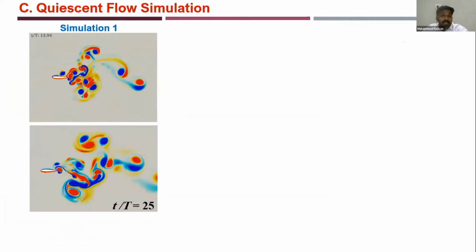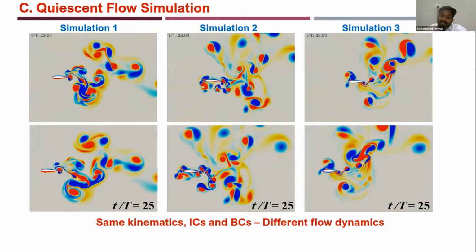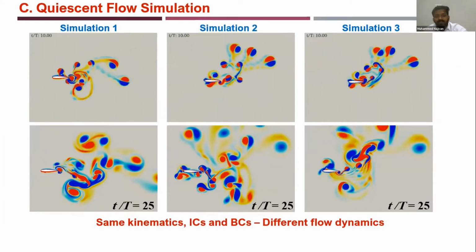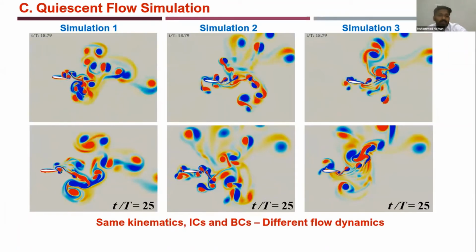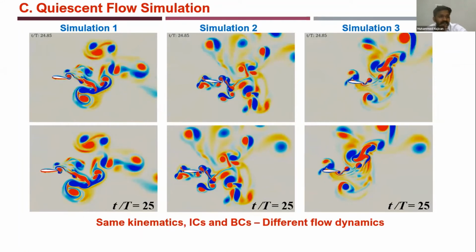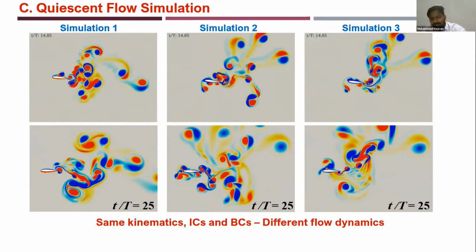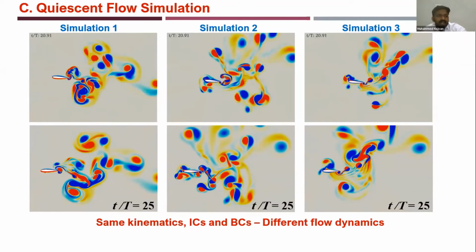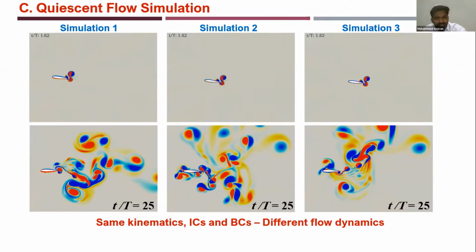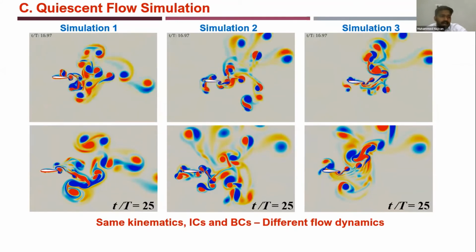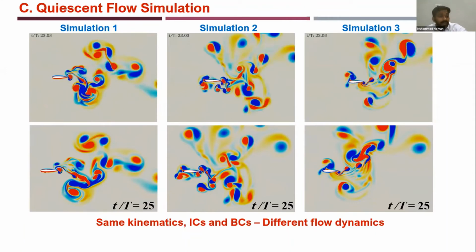To establish this, we conducted a test where we simulated a case multiple times, keeping all the kinematics, initial conditions and boundary conditions the same. What we observed was that we obtained different flow patterns at the same instant for different trials. So we believe that a small numerical noise, which can even be due to restarting the simulation, acts as a new initial condition, and it makes the flow completely aperiodic, or changes the flow dynamics drastically.